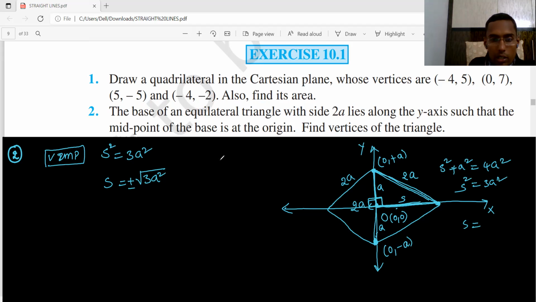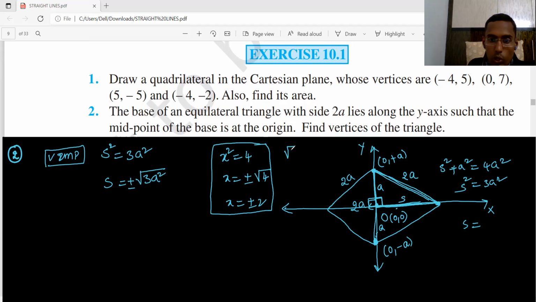You must try to understand this. For example, you have x square equals 4. x equals, you know what, plus or minus root 4. You should always understand x equals plus or minus 2. This is a rule. You may ask why and all. This is a rule: root 4 is always 2. For your whole intermediate, whenever you have root 4, you should take the square root as positive.